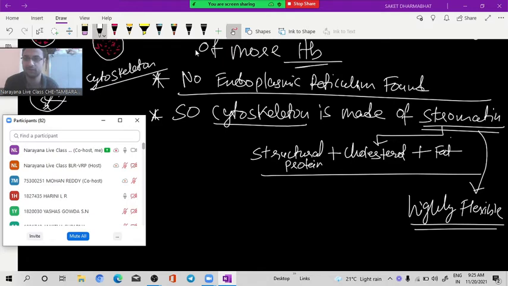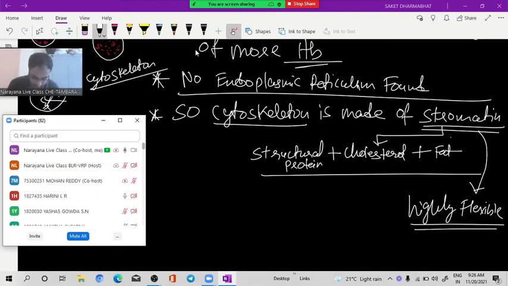Okay. That and all we can't trust. Once we check it in Google also, if it is like that. Even in Google, it's given like that only, sir. In Google also it's given that camel and llama RBC contain a nucleus. Yes, sir.